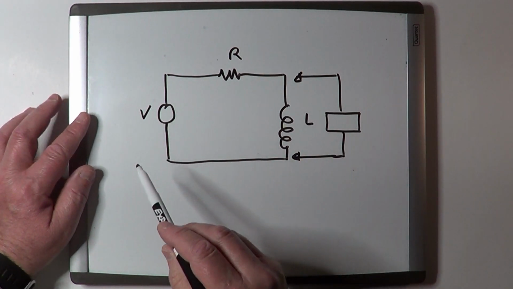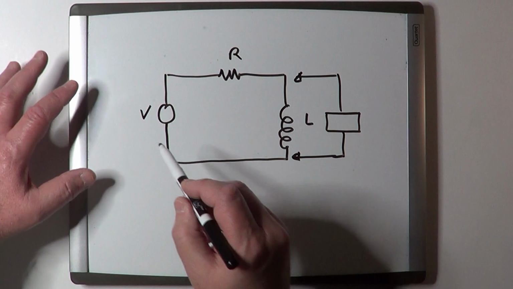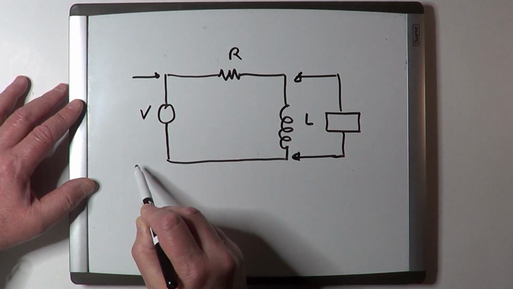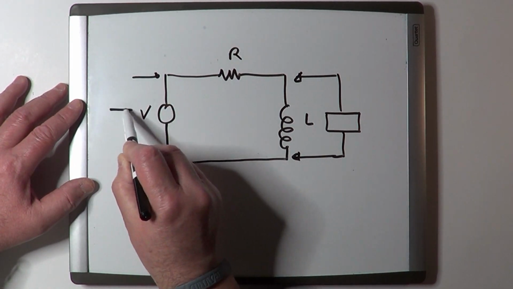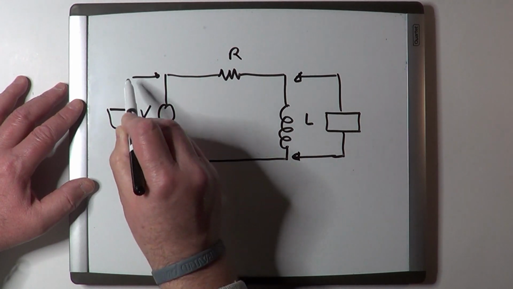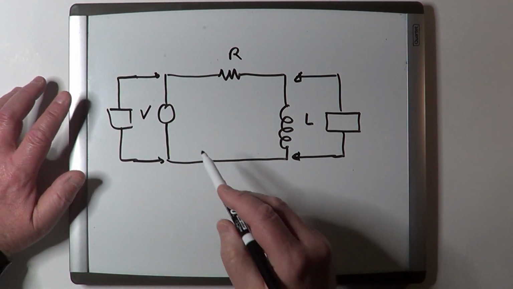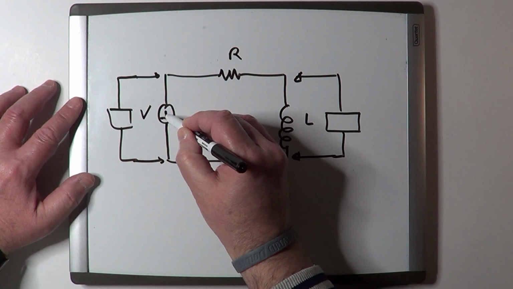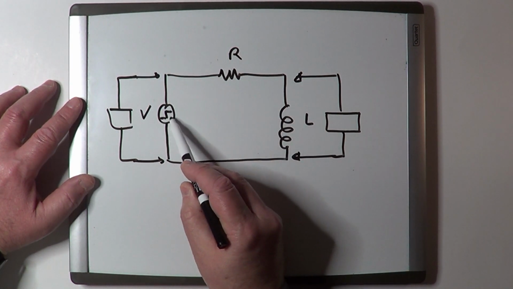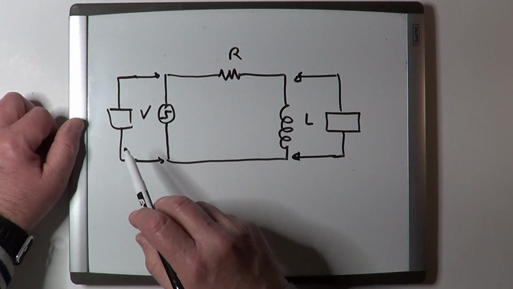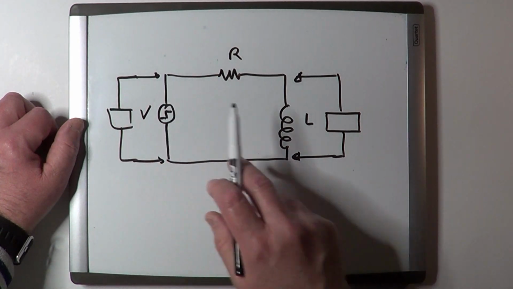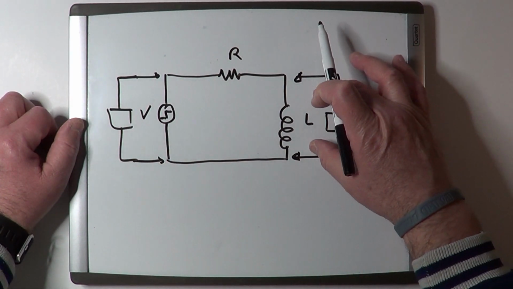Another channel of the oscilloscope will also be connected to the generator on this side, this point here and this point here. So we can see what is the voltage provided by the generator, which will be just like a square wave, and we can compare the input voltage and the output generated by the inductor.